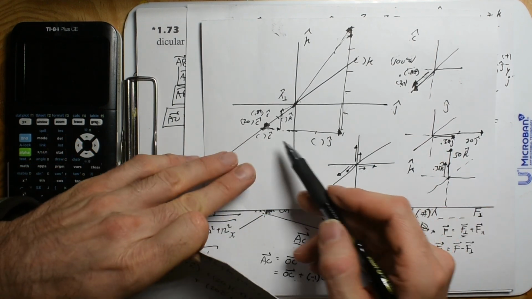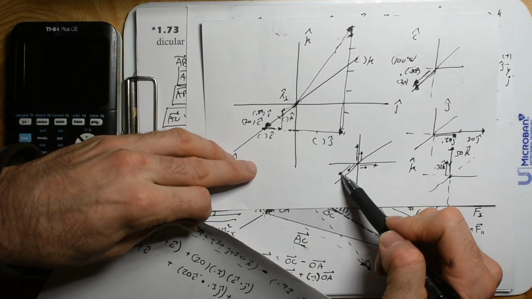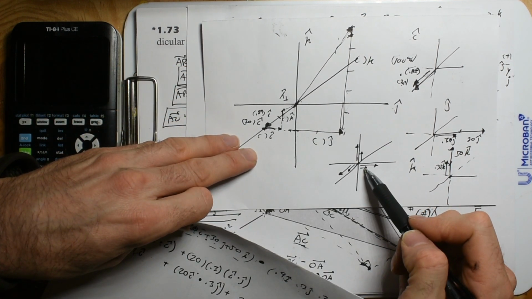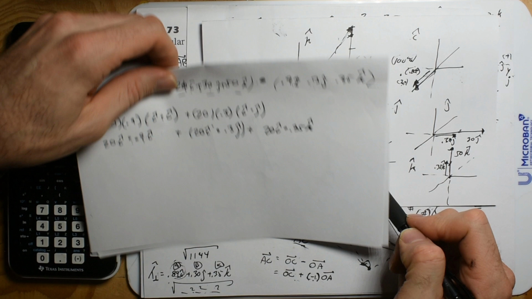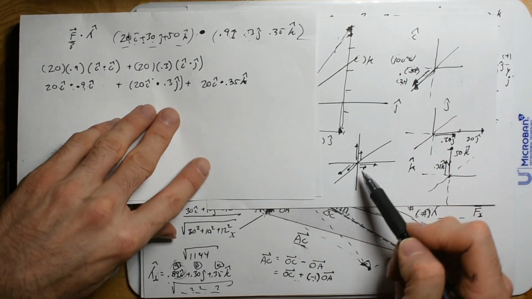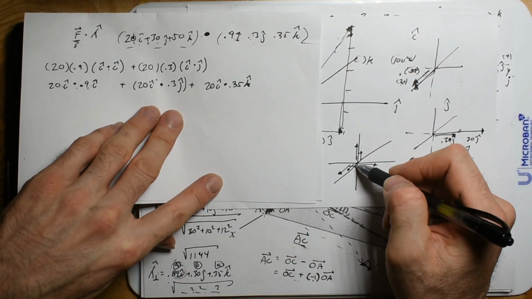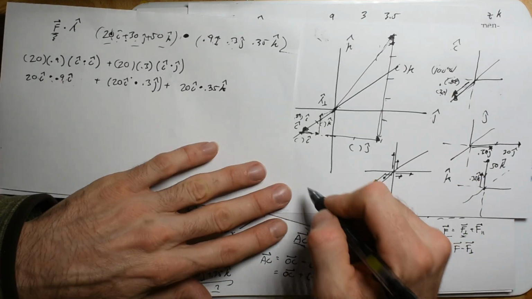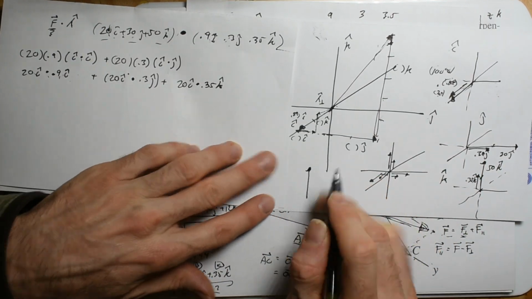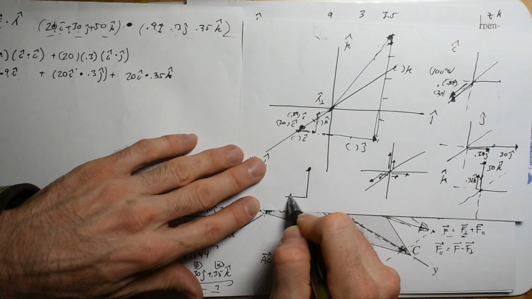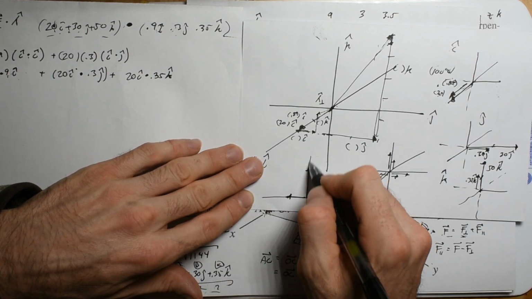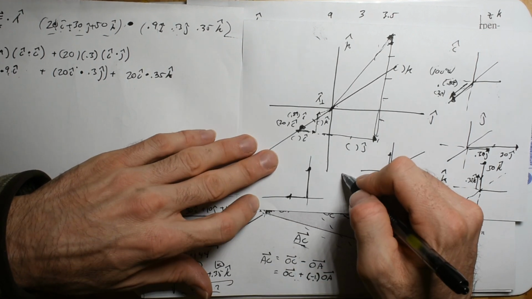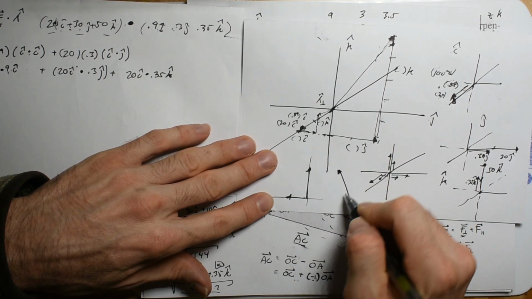And what we're doing right now is this 20I dotted with 0.3j. Well, there's a 90-degree angle between these. So the shadow, and let's talk about that, because this also gets underlooked. If here's my vector in a 2D space, let's do this one.